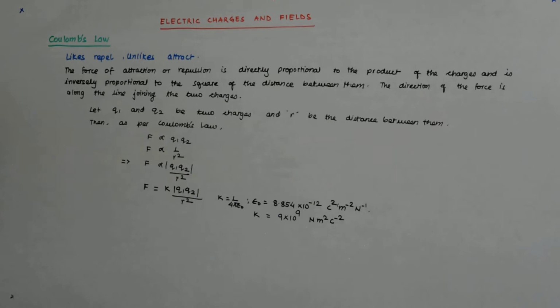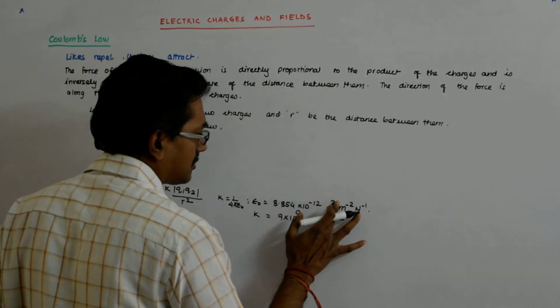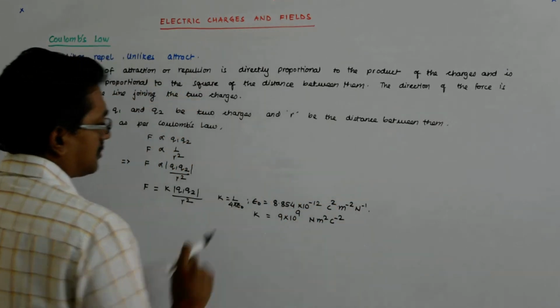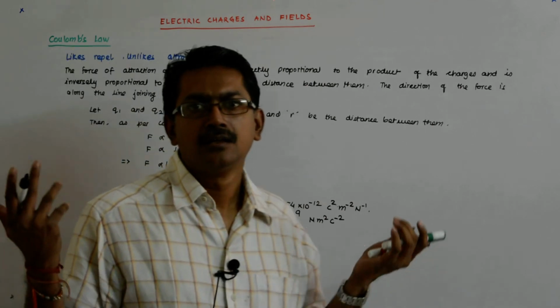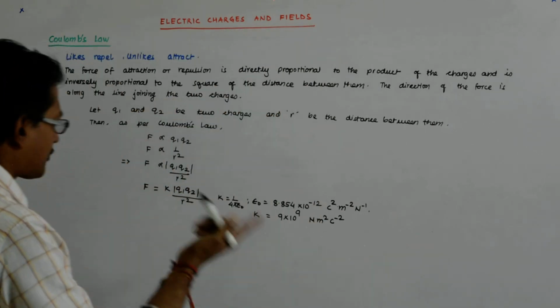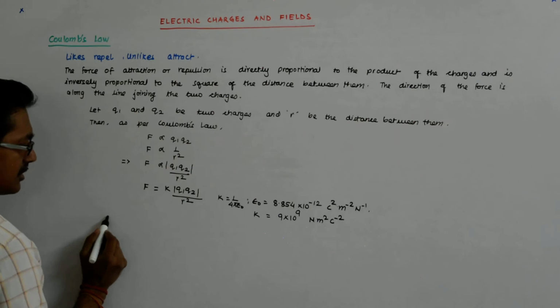Okay, so understand. So that is what it is. The value of K is 9 into 10 to the power 9. So you put any Q. So let's do it with 1 coulomb each.